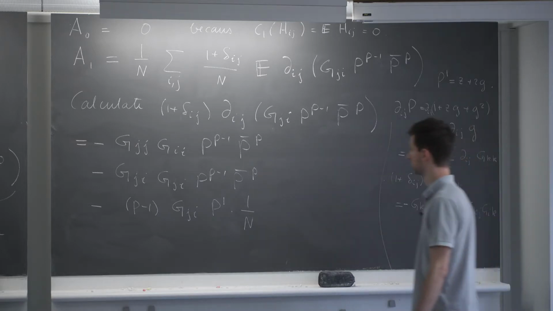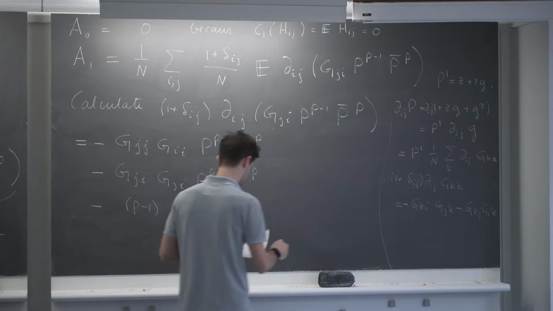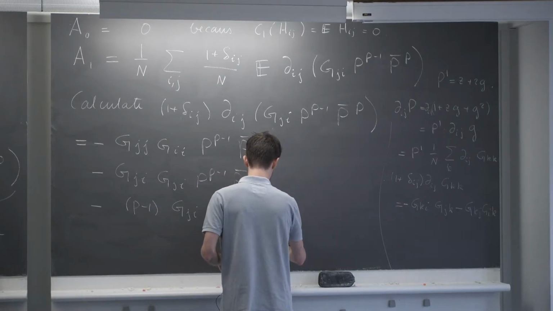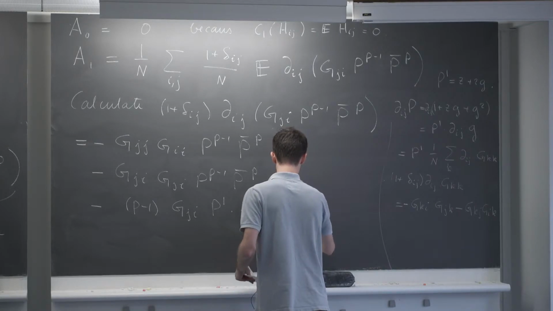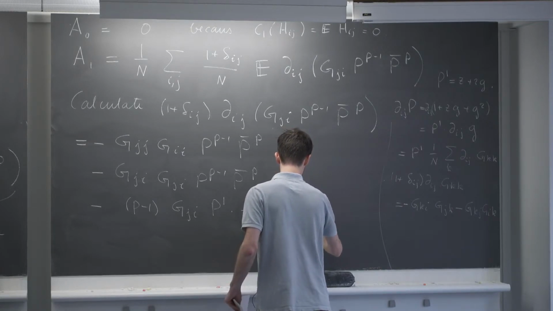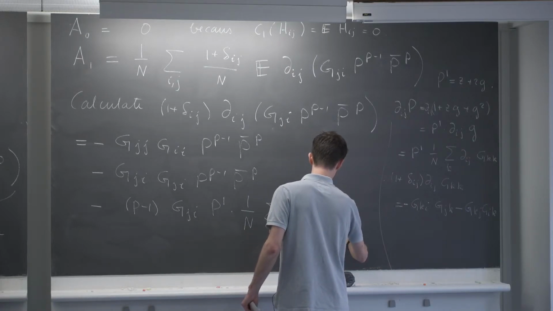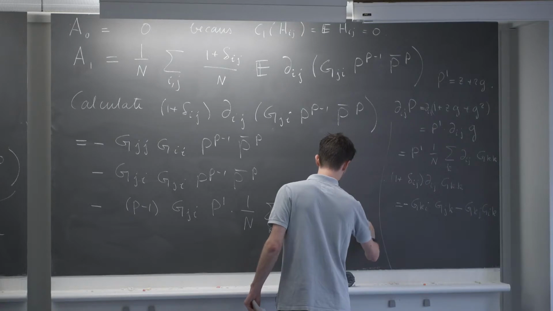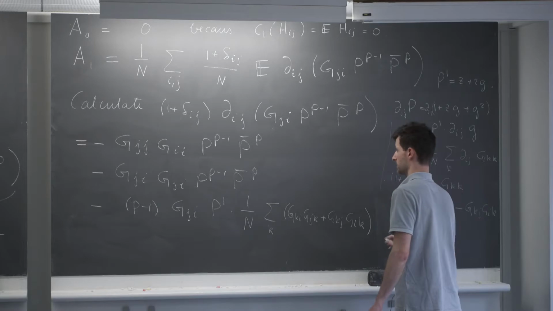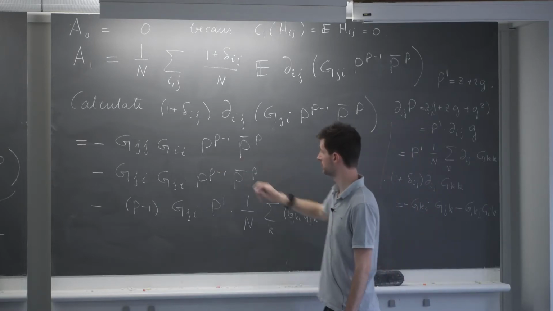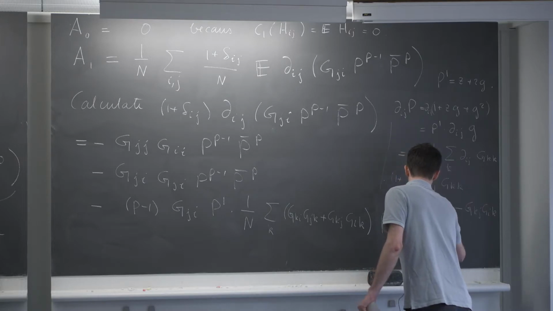So if I do all of this, I get the minus, I get p prime, I get sum over k, and I get g_ki g_jk plus g_kj g_ik, and then what remains is p to the p minus 2 times p bar to the p.